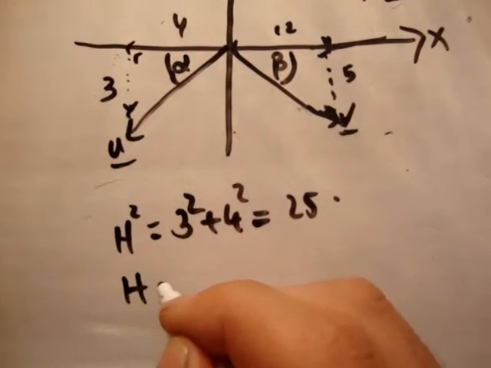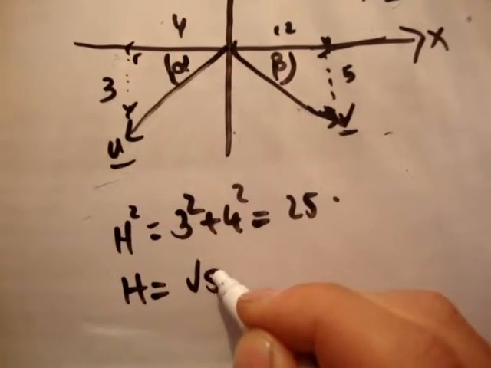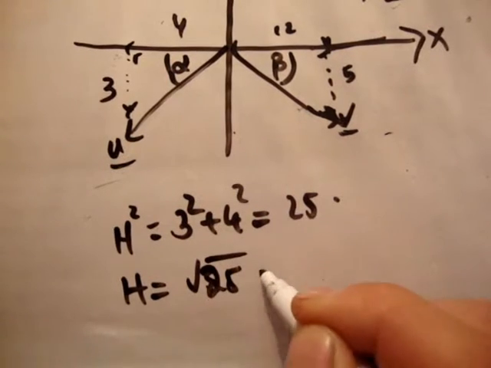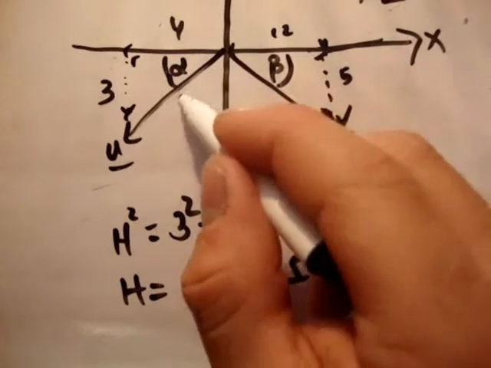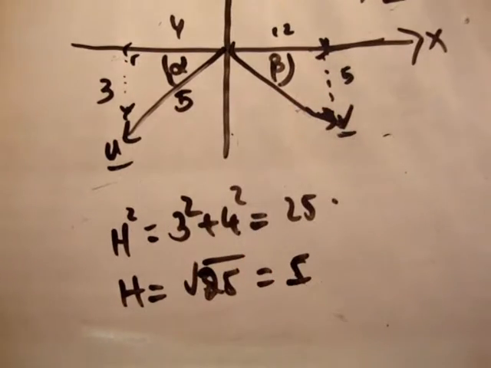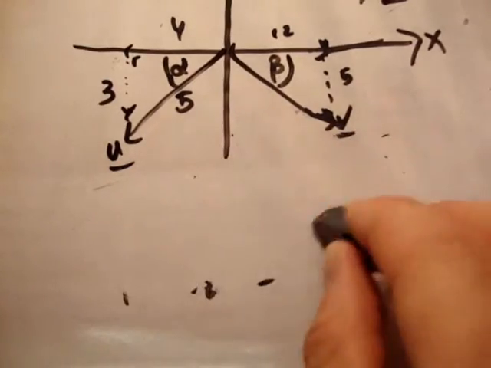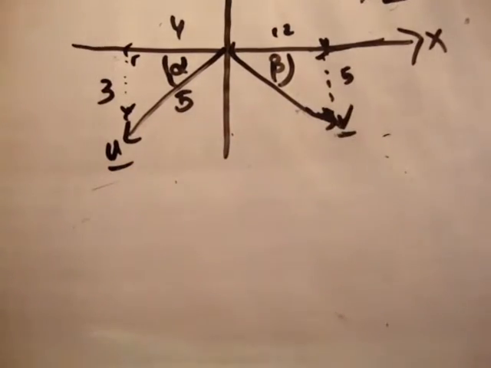Therefore h is equal to the square root of 25, which is 5. So that means this is 5, and it's actually given as 10 in the book. So look, you can continue on. Maybe this video is now no good to you, I don't know, but I'm going to continue on as if what I've done is correct.